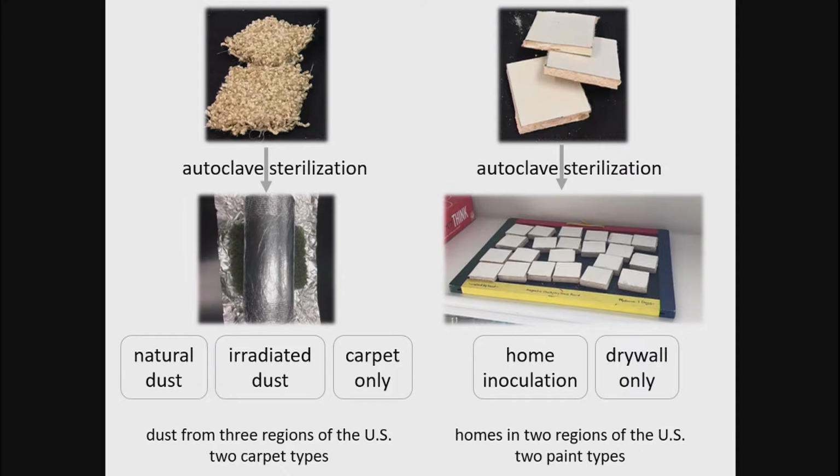And then we also have carpet only. And we're looking at dust from 3 regions of the US and from 2 different carpet types. For drywall, similar thing. We inoculate naturally in homes, compare that to drywall that have not been embedded. And again, we're looking at different regions of the US and different paint types.